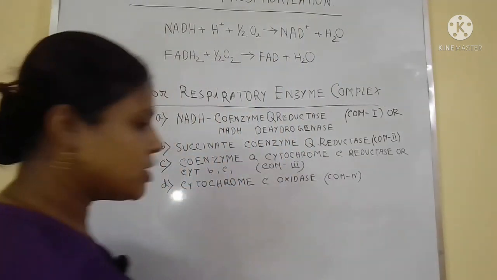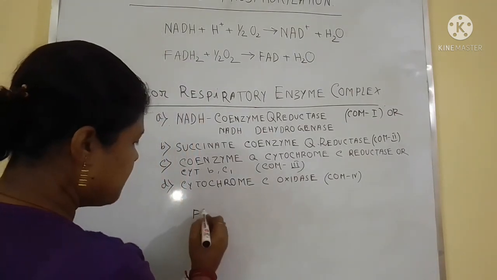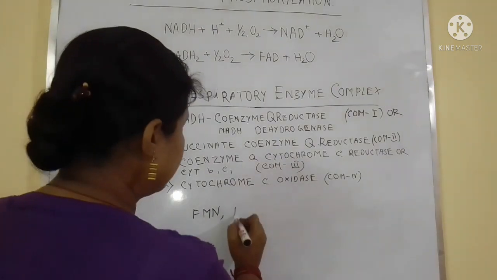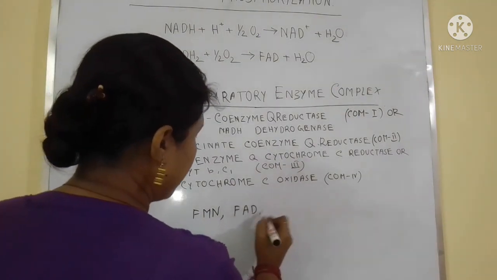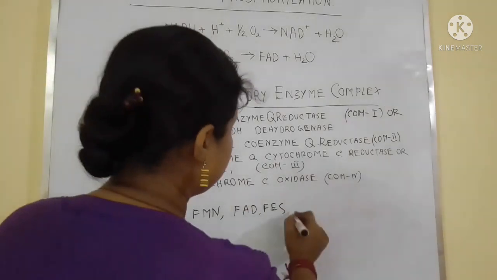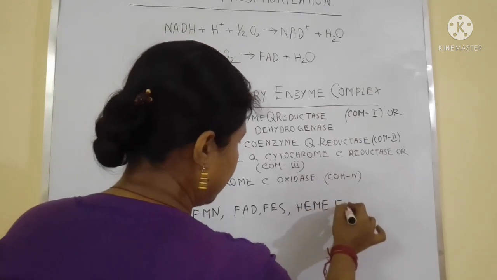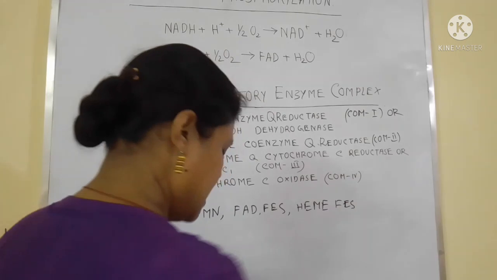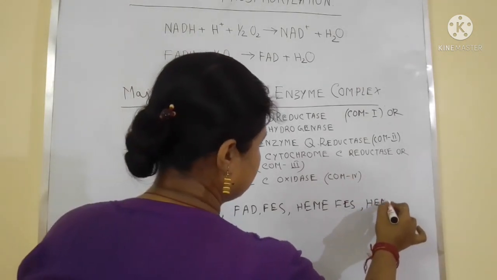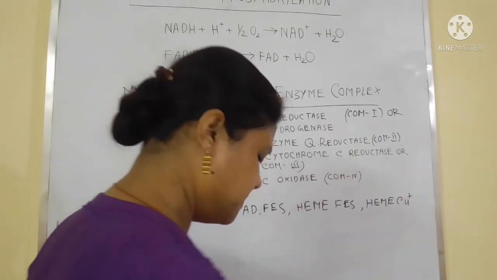And there are some prosthetic groups that are also involved. First FMN, second FAD and FeS, third heme and FeS, and the fourth heme and Cu plus.